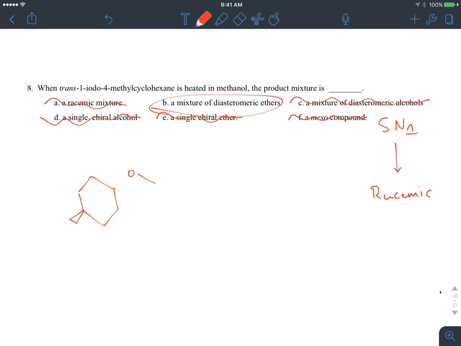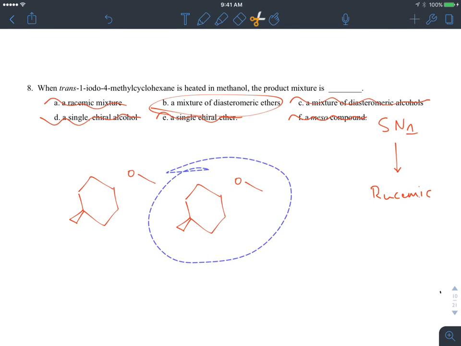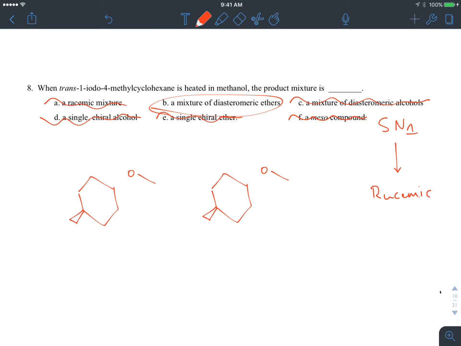And so the way that it relates to this problem is that we're going to end up getting 50% of that ether going towards you, and 50% of the ether going away from you. When we draw that out, it's going to look like this. So these are my dashes. This is my wedge.